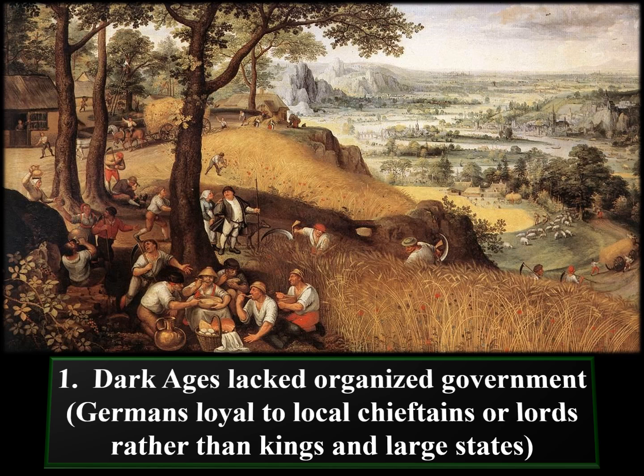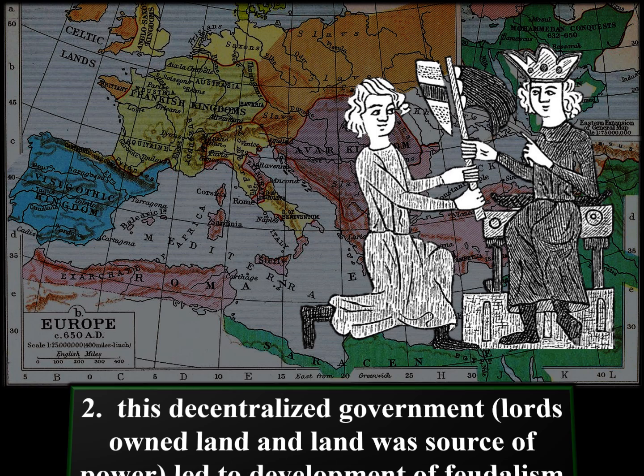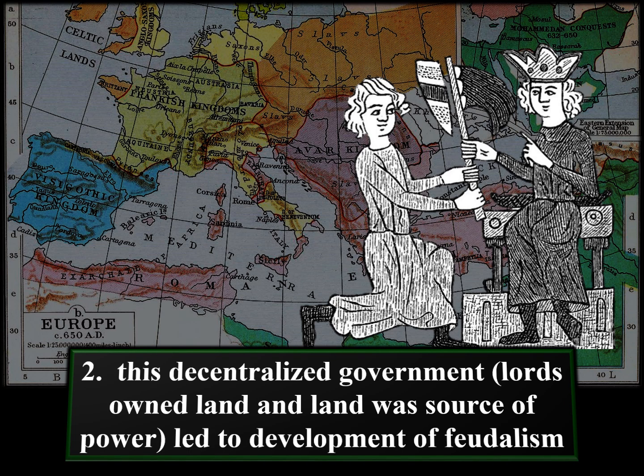Instead, they were tribal individuals that were normally loyal to a local chief or a lord rather than kings and large states. This is known as a decentralized style of government, where lords owned the land and the land was the source of power. So this is when we start referring to land equaling power in the Western world.